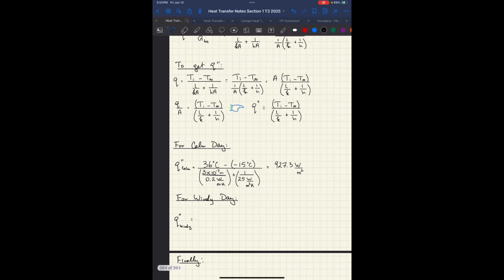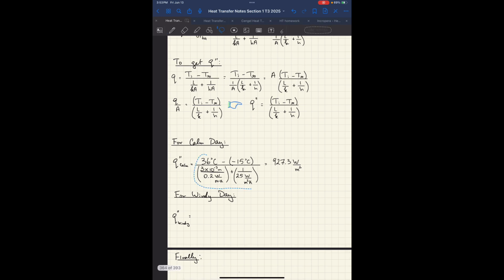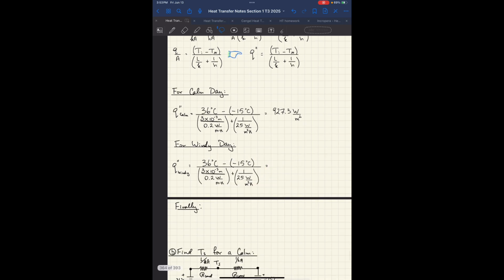For the windy day, it's going to be the same thing, except we have to change the H. The H now is not going to be 25. Whoops. It's going to be like 65, I think they tell us. So I'll just put a different color so that you can see the difference visually. Okay, so on a windy day, let's see what happens.